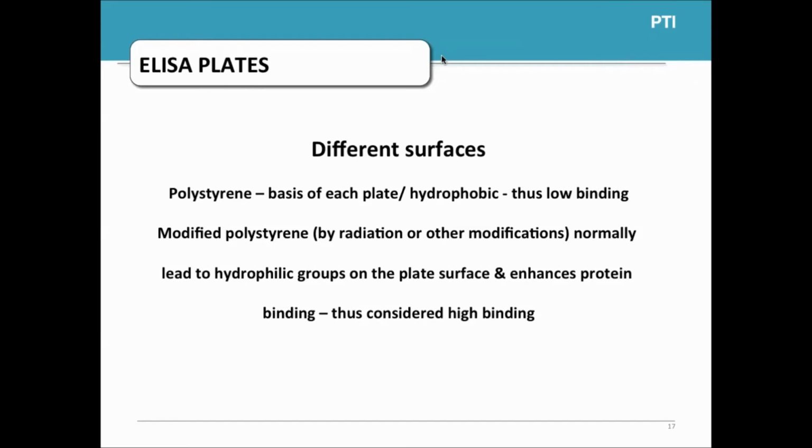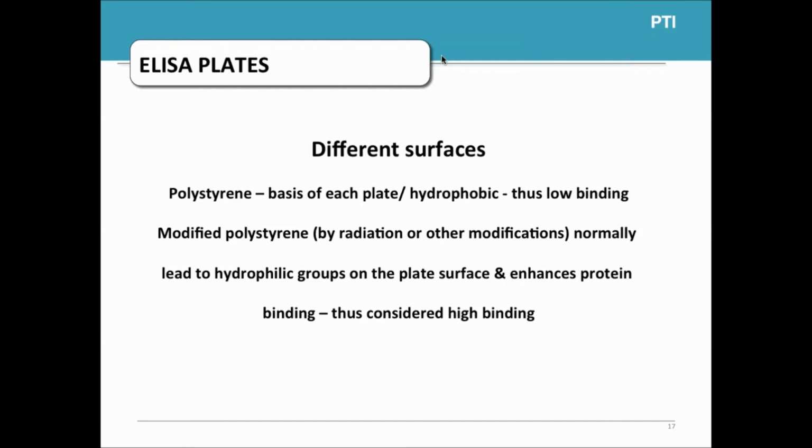So when the drug development process expanded for biologics and especially therapeutic antibodies, people started to realize that they needed to modify the plates in order to make them better binders for antibodies. So what they did, they modified them by radiation or other modifications. And what does it mean when you do that? It actually exposes hydrophilic groups on the plate surface and therefore enhances the protein binding. So this is the reason why, if you look at your ELISA plate, in a lot of cases there is, it is called M polystyrene.